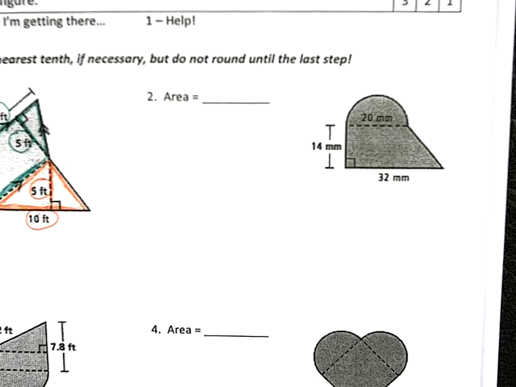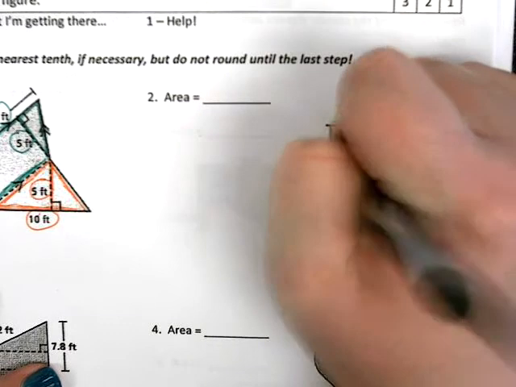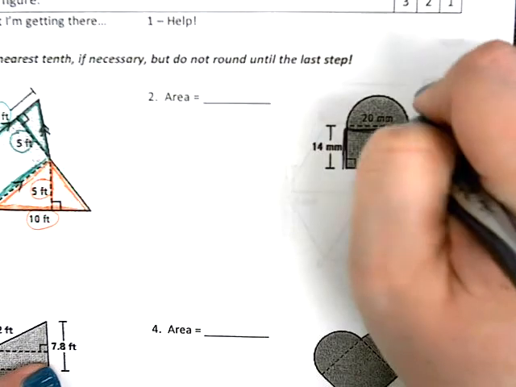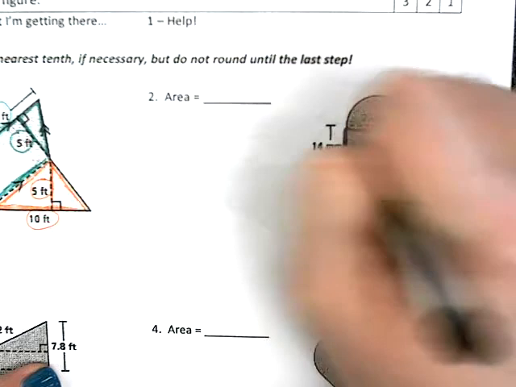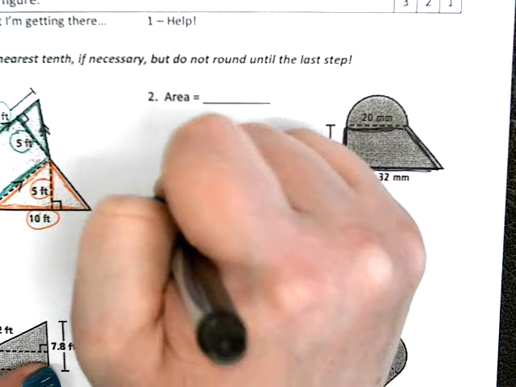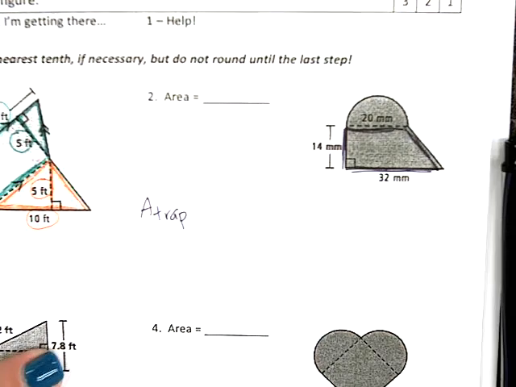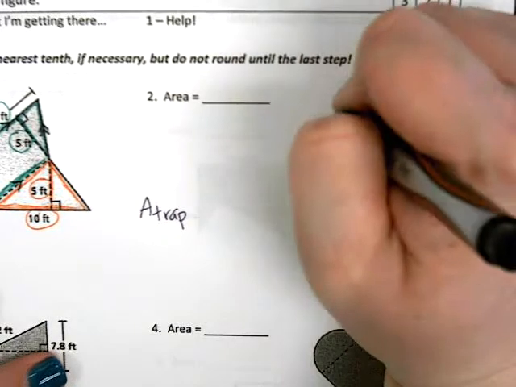Hopefully you can see that there is a trapezoid right here. So that would be a trapezoid. And then sitting on top of that, there is a half circle, so a semicircle.